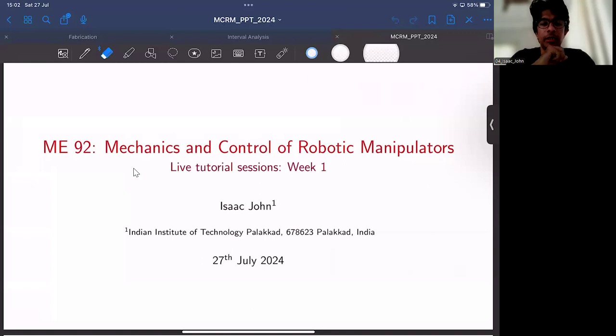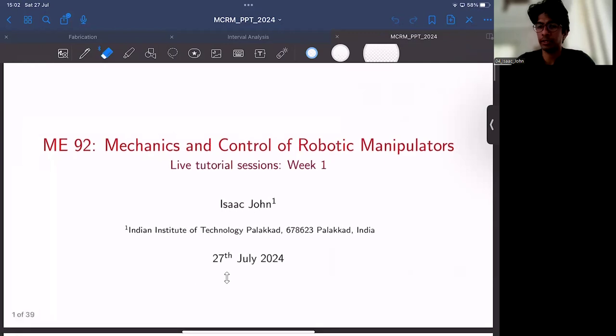We only cover elementary transformations such as pure rotations or pure translations, and then from week 2 onwards, we would be dealing with the kinematic modeling of robotic manipulators. What we would be covering for week 1 would be just a prerequisite for the kinematic modeling of robotic manipulators. So yeah, we'll get on with the session.